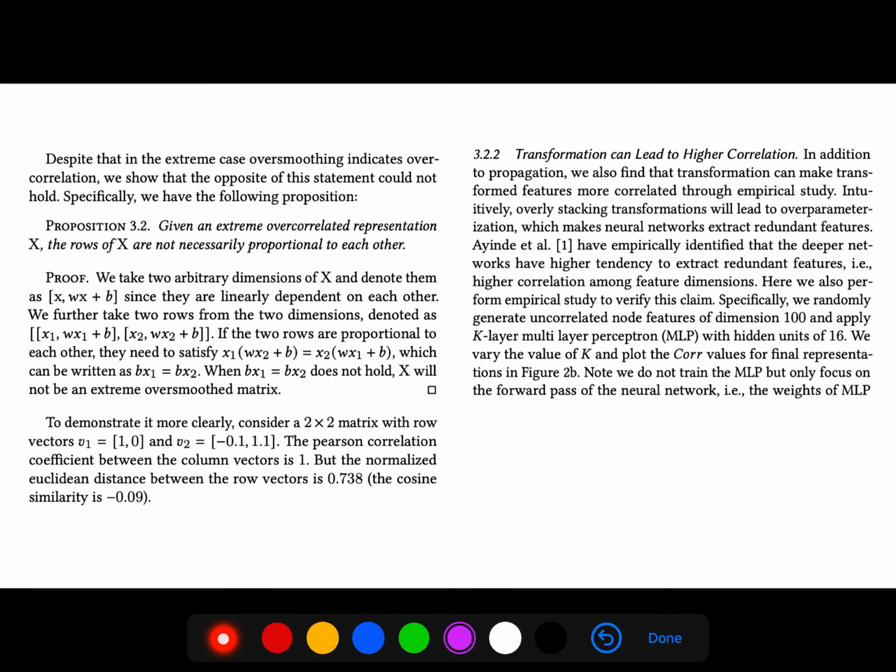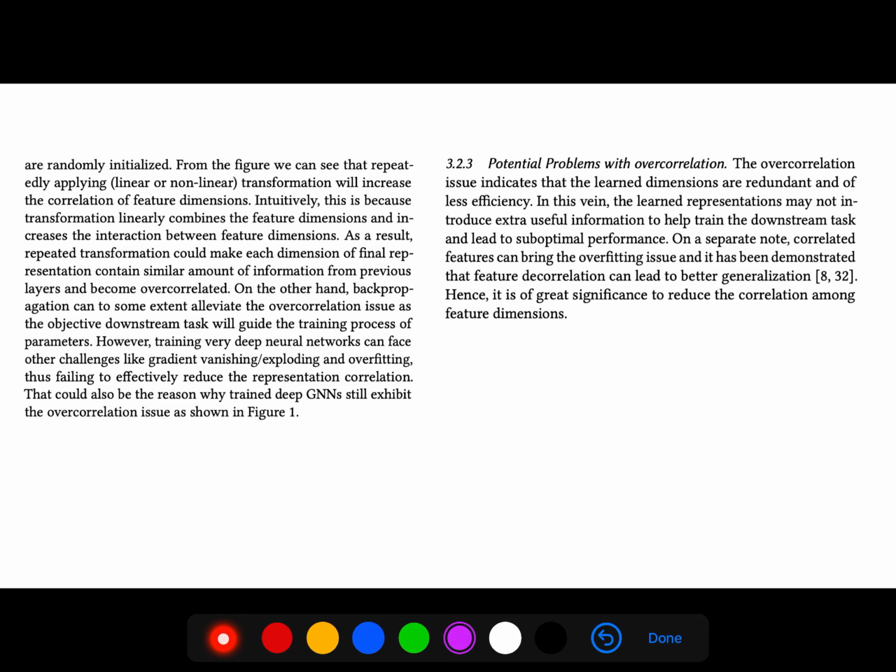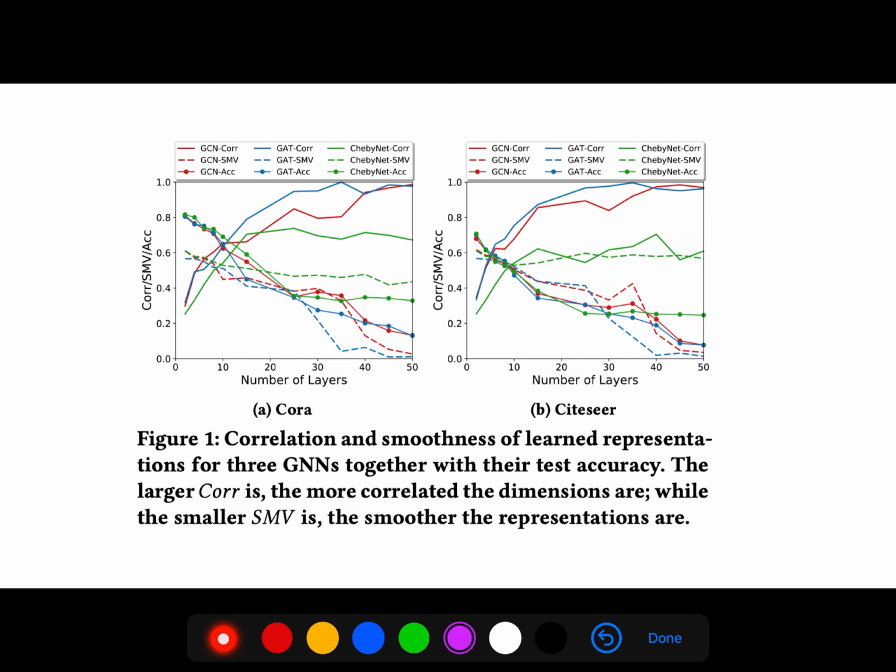Then they showed that given an extreme overcorrelated representation, the rows of X are not necessarily proportional to each other. So transformation can lead to high correlation. So there are potential problems with overcorrelation, that the learned dimensions are redundant and of less efficiency.